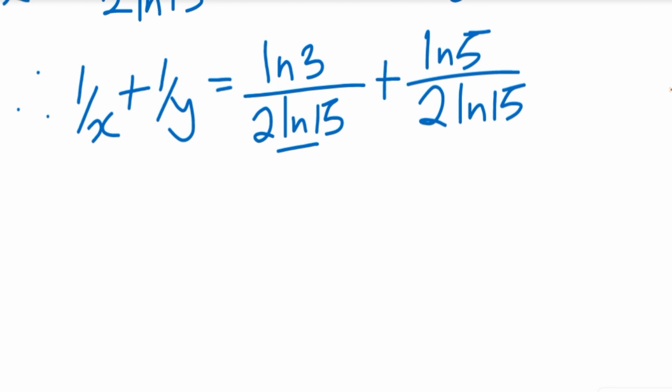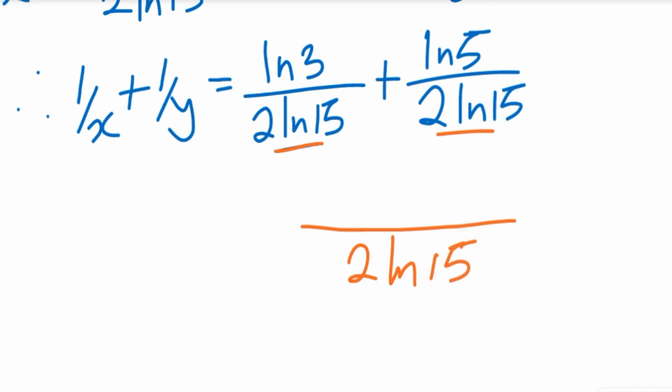Having a common denominator, we have to simplify. The common multiple will be 2 multiplied by the natural log of 15. So simplifying, we'll have the natural log of 3 plus the natural log of 5, and that will be the value of 1 over x plus 1 over y.